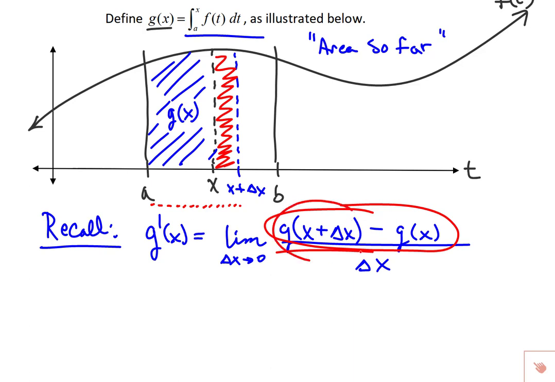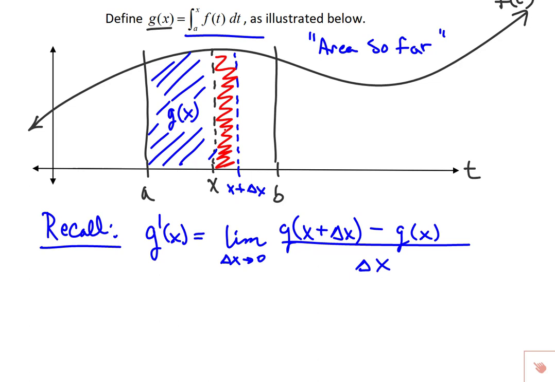But then you're subtracting g of x, which takes away the area from a to x. So it's like taking away all the area before x, which leaves you with just this sliver in between of x and x plus delta x. So the numerator of this difference quotient really represents the area between x and x plus delta x, vertically speaking, in this graph.